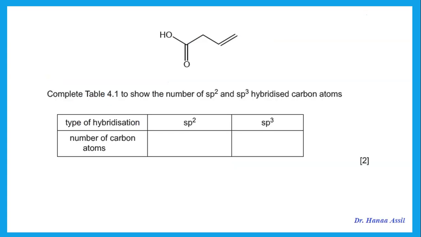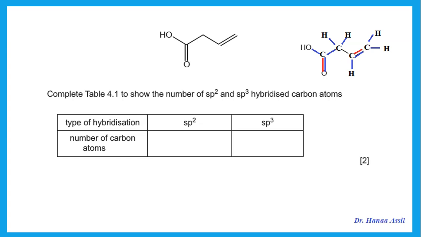Complete the table to show the number of sp2 and sp3 hybridized carbon atoms. Again, I'm going to remind you, to be sp2, it should have a double bond. To be sp3, it needs 4 sigma bonds or 4 single bonds.